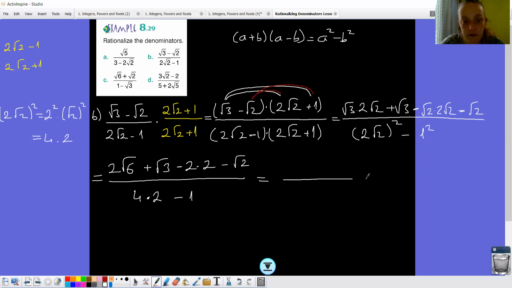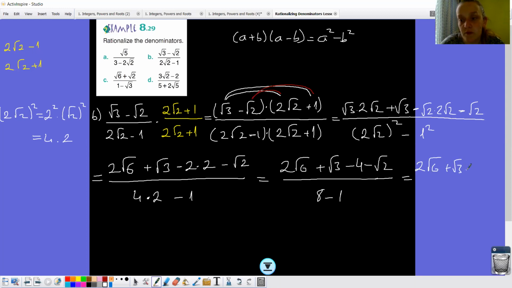Then it will become 2 root 6 plus root 3 minus 4 minus root 2, and this one is 8 minus 1, which is 7. So 2 root 6 plus root 3 minus 4 minus root 2 over 7. It's okay? Yes.